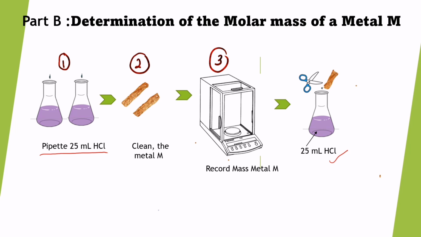Wait until all the metal M is completely dissolved. When the metal M is completely dissolved, it means that our conical flask contains only hydrochloric acid. So in this experiment, metal M is the limiting reactant because all the metal M is completely reacted, and HCl will be the excess reactant.